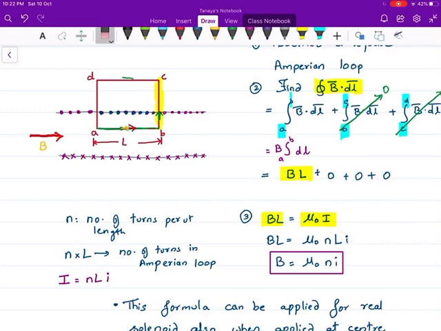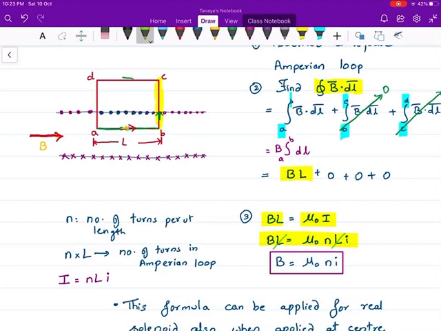I get BL is equal to mu naught NLI, where N is the number of turns per unit length, capital L is the length of the Amperian loop, small I is the current flowing through the coil. So by solving this, L on both the sides is going to get cancelled, and we will get the magnetic field inside the solenoid is equal to mu naught Ni.